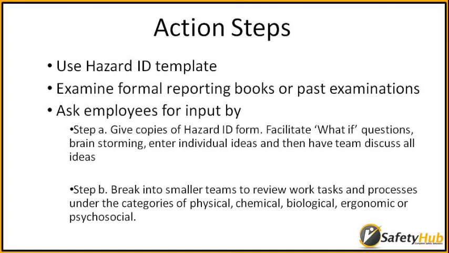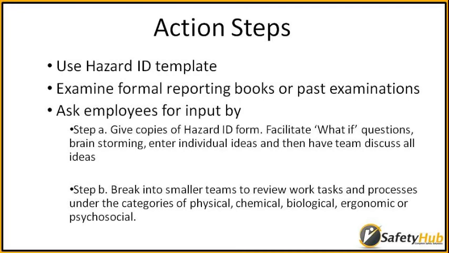And here's what you need to do. Obtain the hazard ID template. Examine formal reporting books or past investigations and add previously identified hazards into the template. Now you need to talk to your employees, get them involved. Step A, give them a copy of the hazard ID form. Facilitate some what-if questions, brainstorming.